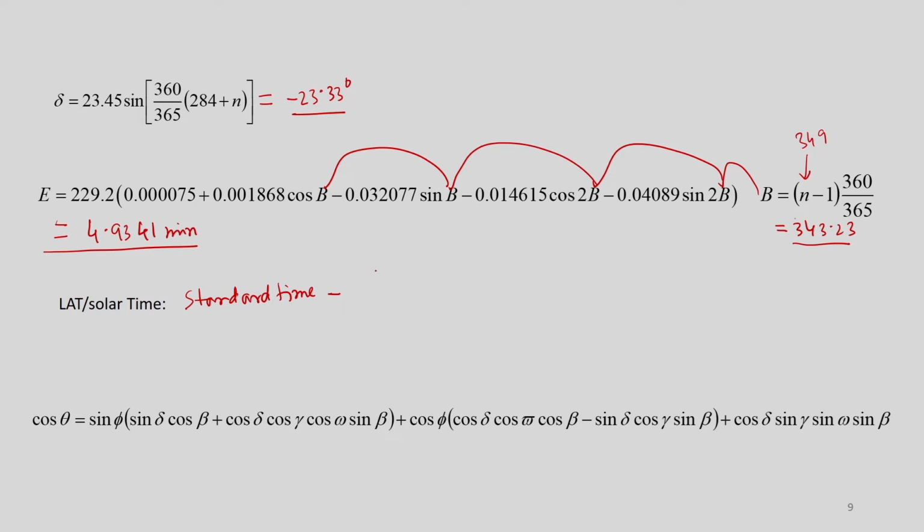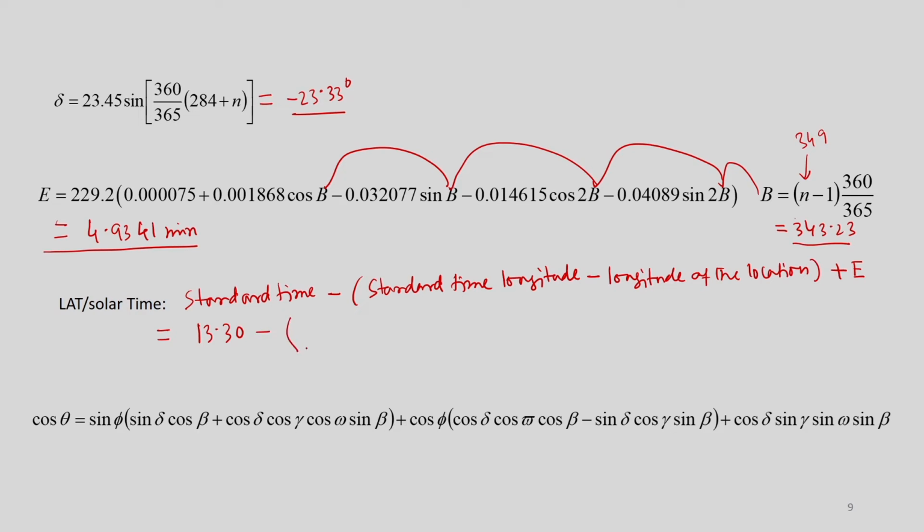So, this minus, then we have the standard time longitude, then minus the longitude of the location, then plus E. The standard time is 13:30, that is 13:30 hours.